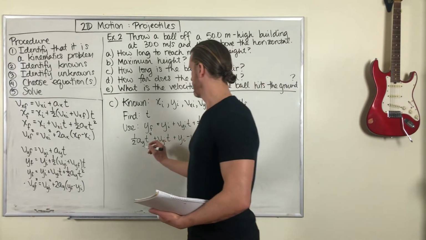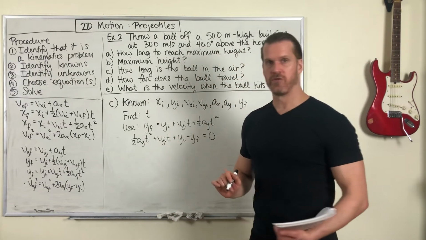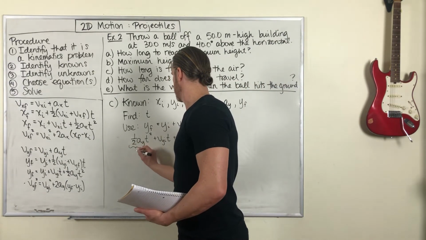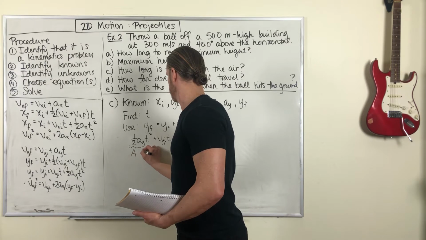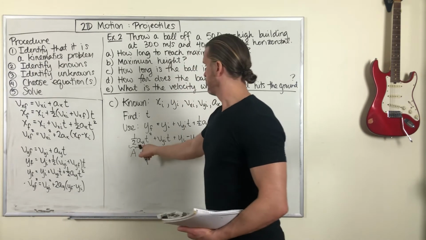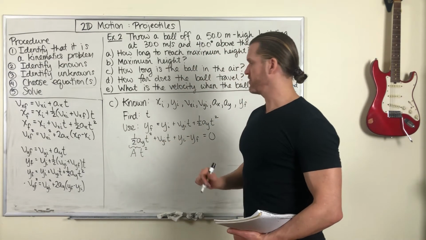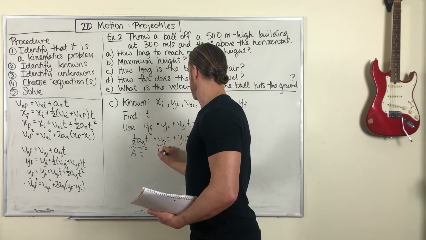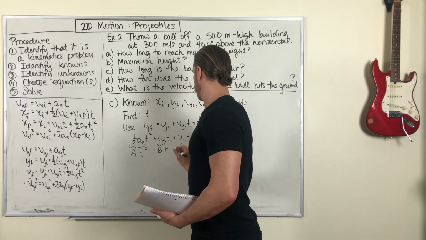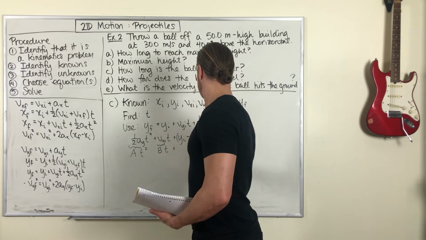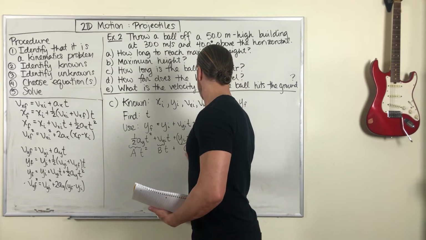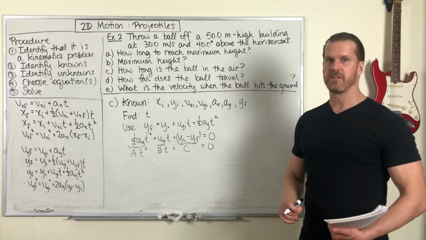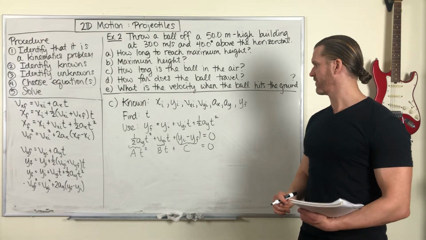And now, t is my unknown variable. So I'm going to identify these coefficients of the powers of t as my parameters in the quadratic equation, at squared plus bt plus c equals 0.